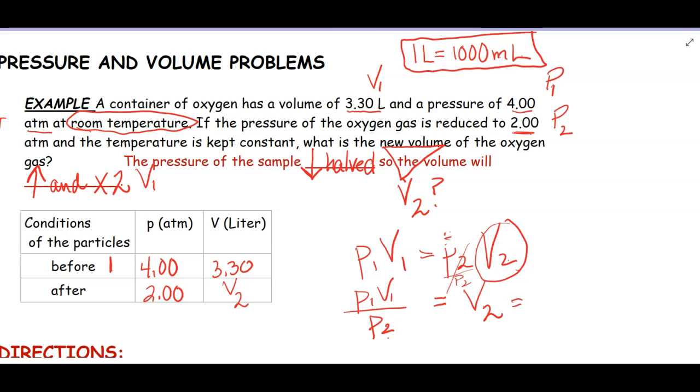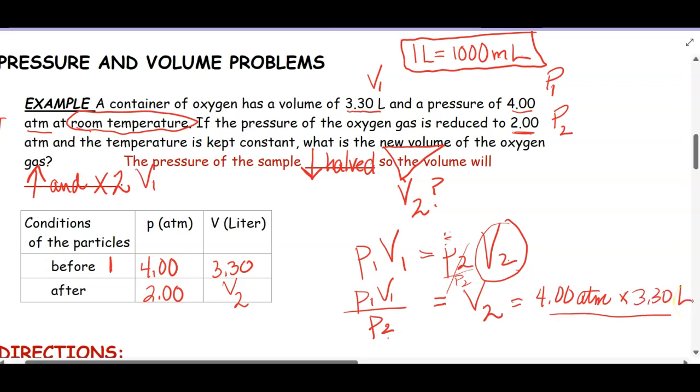So the first pressure is 4.00 atmospheres, times the first volume, 3.30 liters. And then we'll divide by P2 here. And P2 is the second, and it was reduced to only 2 atmospheres.